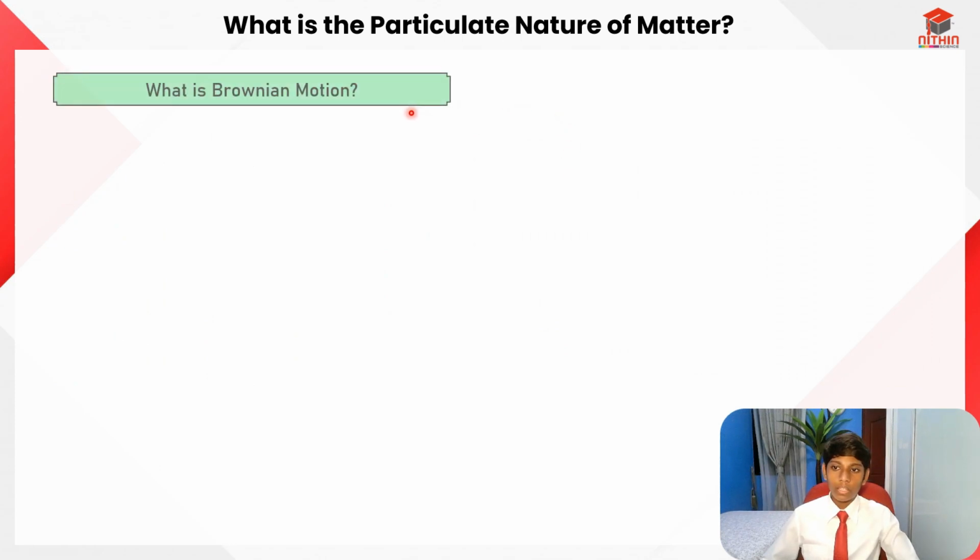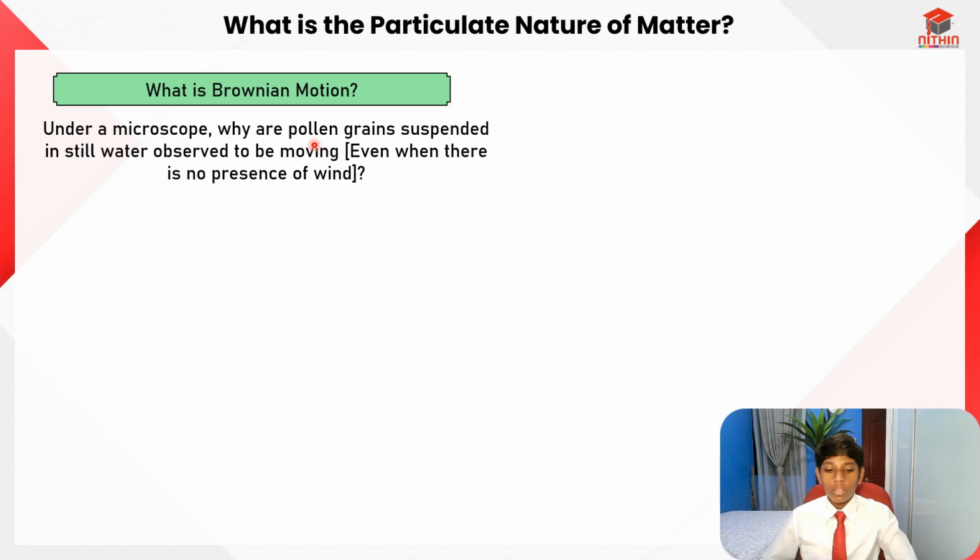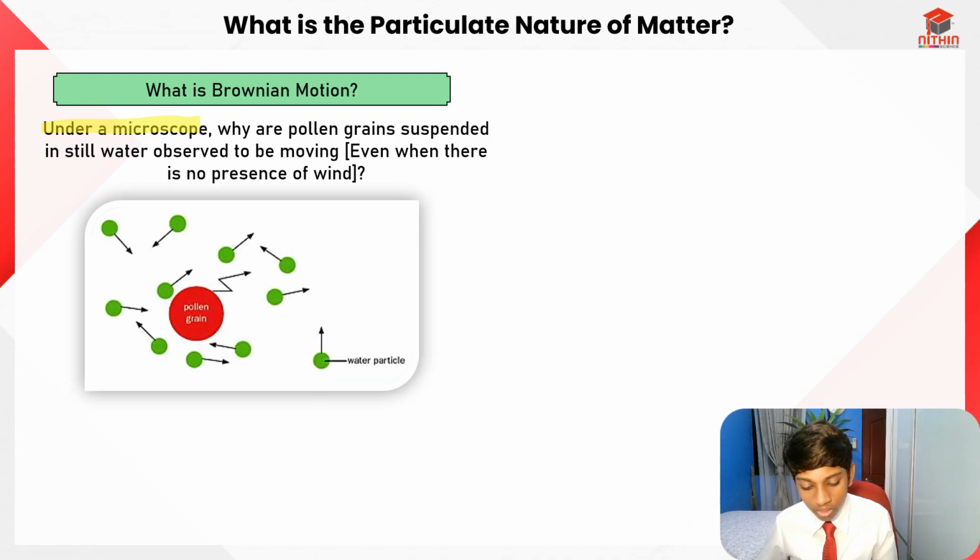Next, what is Brownian motion? I just mentioned a new word, Brownian motion, right? So what is Brownian motion? Under a microscope, why are the pollen grains suspended? This is a pollen grain over here. See this big red colour dot? That's a pollen grain.